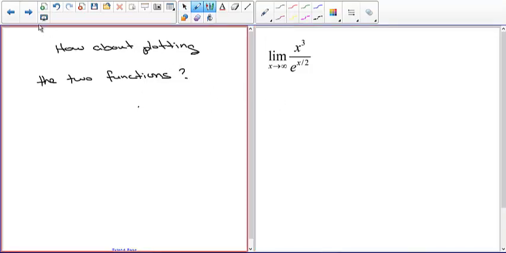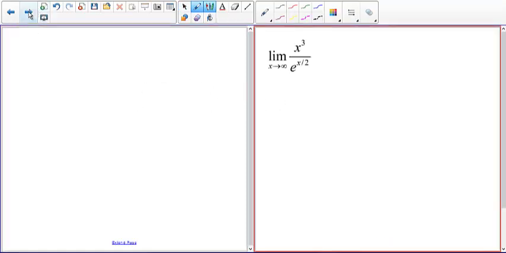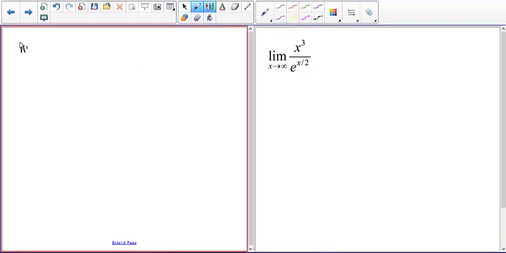Let me just add a page here. If I did the limit of x divided by e to the x as x goes to infinity, you plug in infinity, you get infinity over e to the infinite power, which is still infinity over infinity. So it's indeterminate. What we do is take the derivative of the numerator and the denominator.